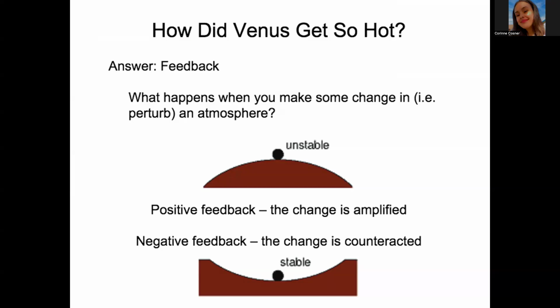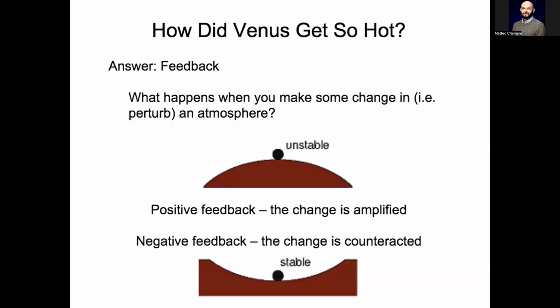As opposed to if I sit at the top of a half pipe and I kick the ball, it will get down all the way to the bottom, but then it'll stay there. And now if I walk down to the bottom and I kick it at the bottom, it'll just return to where it was, the bottom of the half pipe, right? This is negative feedback, the change being counteracted by the system.